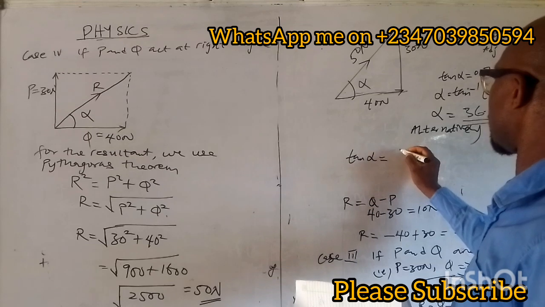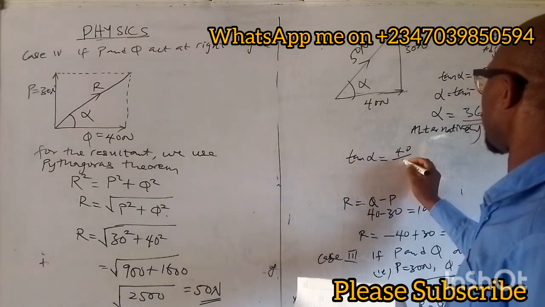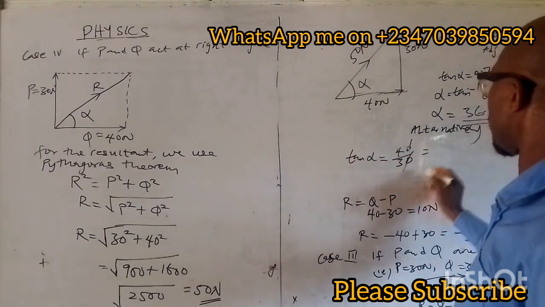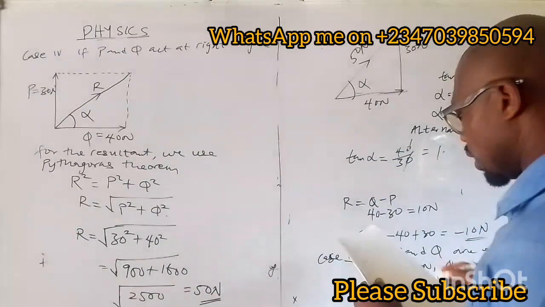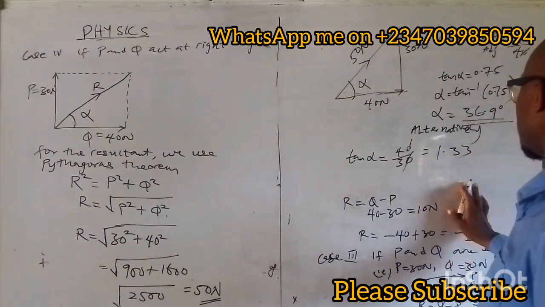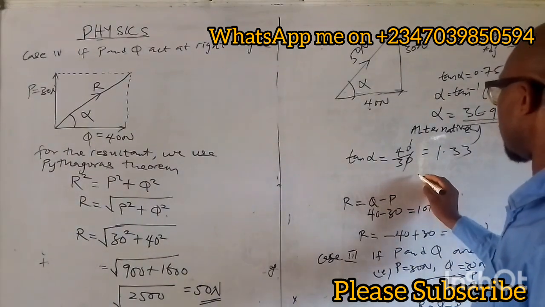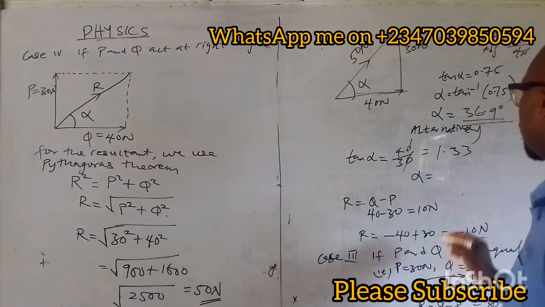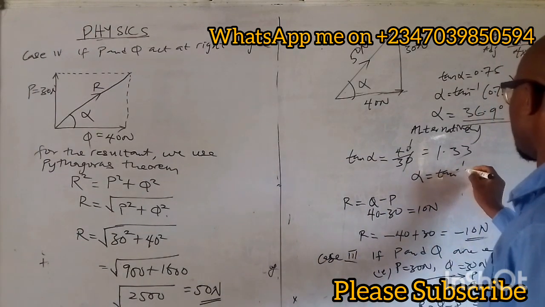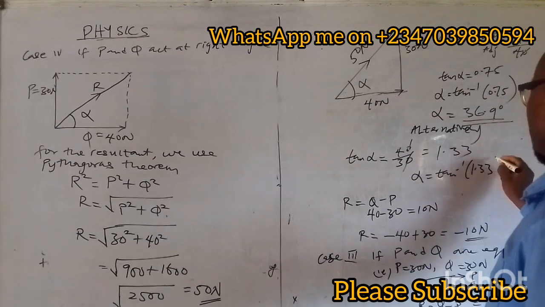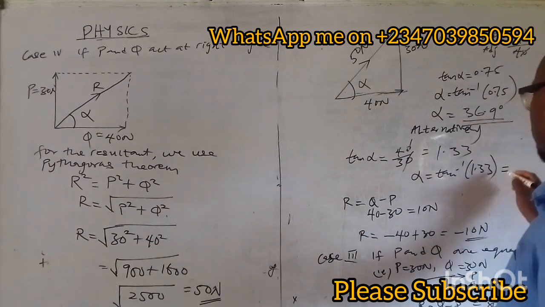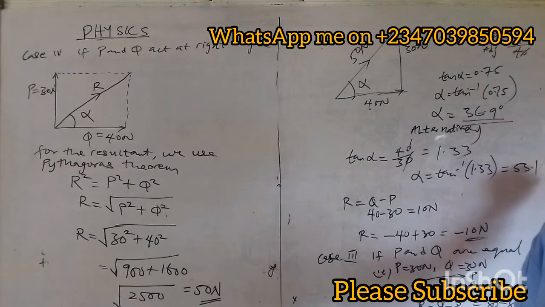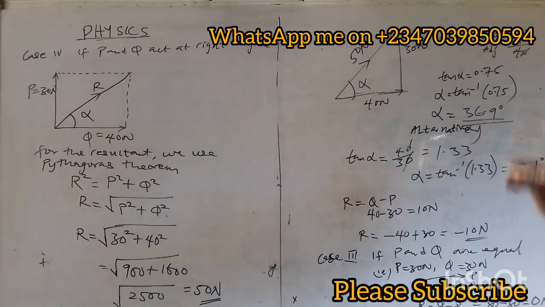We'll now have 40 over 30, which is 4 over 3, which will give us 1.33. So the angle we're looking for, alpha, is the tan inverse of 1.33, and the tan inverse of 1.33 will give us 53.1 degrees. So we now have two values.